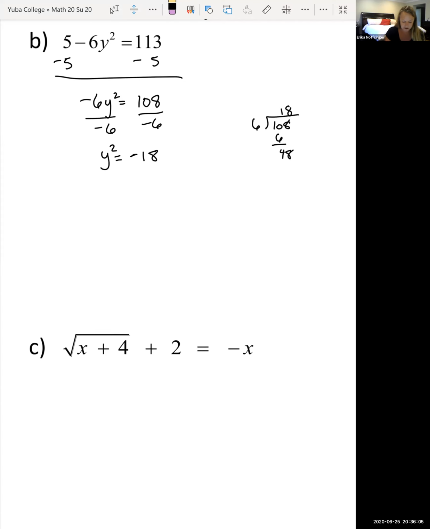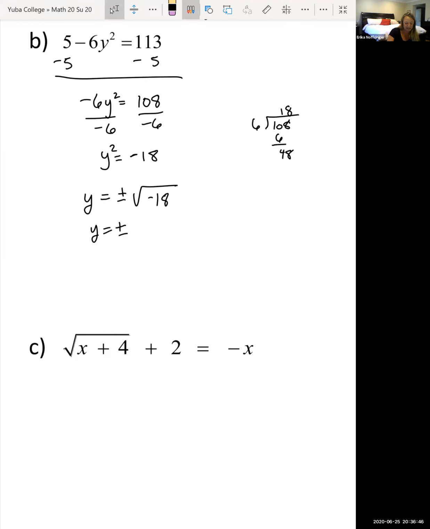We can take the square root of both sides. And so we would get y is equal to plus or minus the square root of -18, which we can break down.